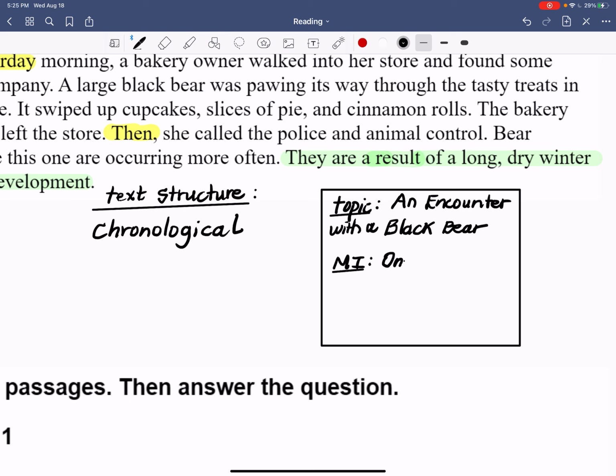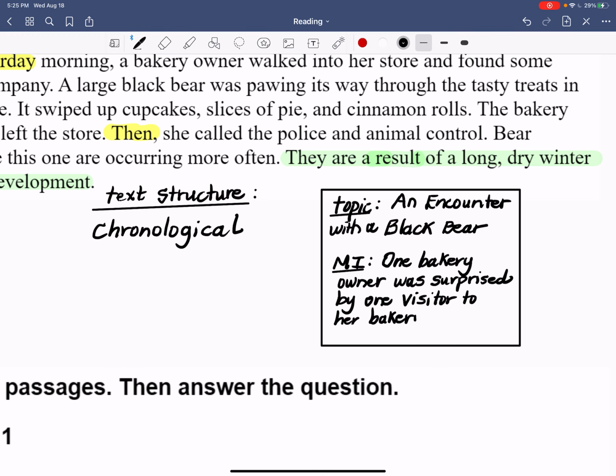One bakery owner was surprised, because we want to know what kind of encounter this was, by one visitor to her bakery. And there are lots of main ideas you could use here, but I like that one.